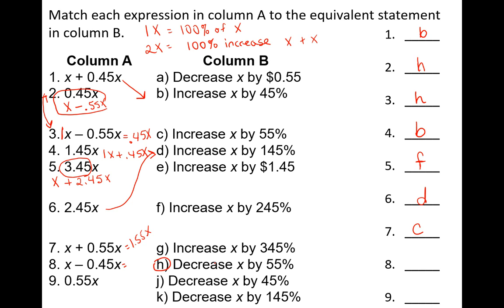A decrease of 45%, that's J. And then 9 is 0.55x. That is a decrease of x of 45%, because if you do 1 minus 0.45, you get 0.55. These two are equal, so they have the same meaning.